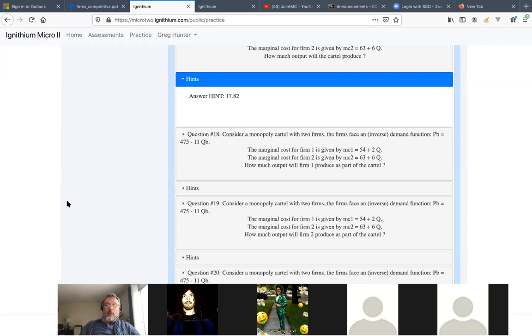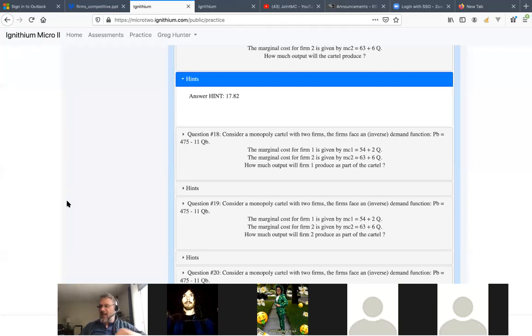So how many people agree with Aubrey? Anybody disagree with Aubrey? Okay, good. All right. So we know that the marginal revenue for both of these firms is going to be $82.96.